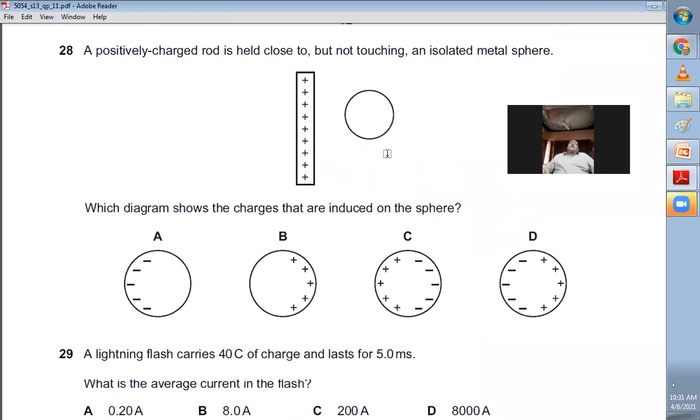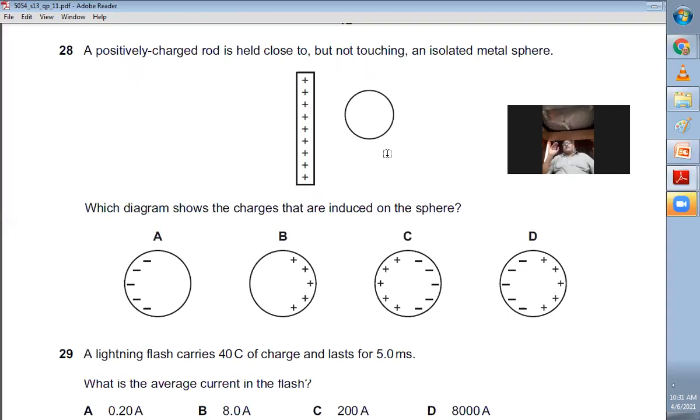Question number 28, a positively charged rod is held close to but not touching an insulated metal sphere. Which diagram shows the charges that are induced on that sphere? It's a metallic sphere and you have brought a positively charged rod near it.